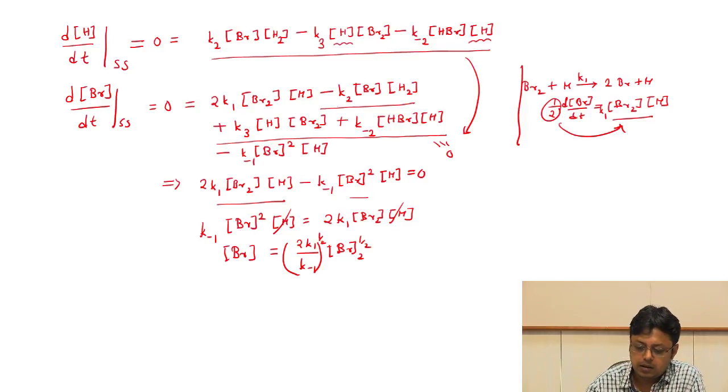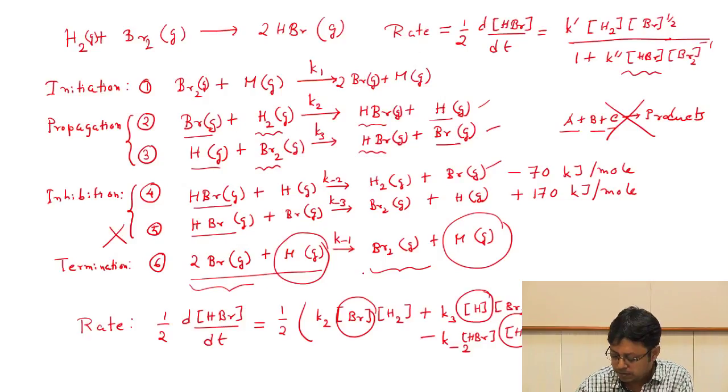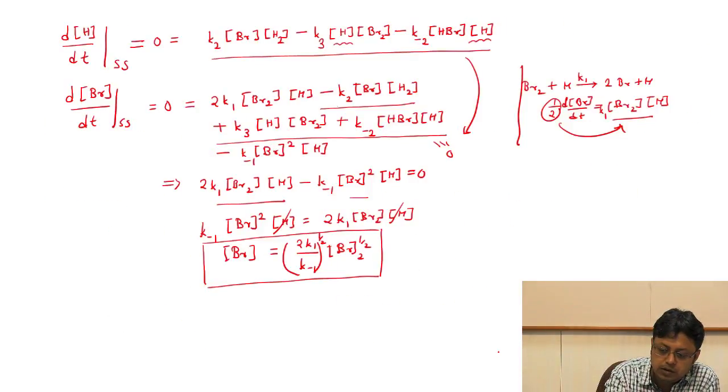Now you can use this, the expression for bromine that we need to solve the rate of the reaction, because in the rate of the reaction, both the concentration of bromine as well as H appear. Now we also need to solve the H equation, so we can right away write it from here.